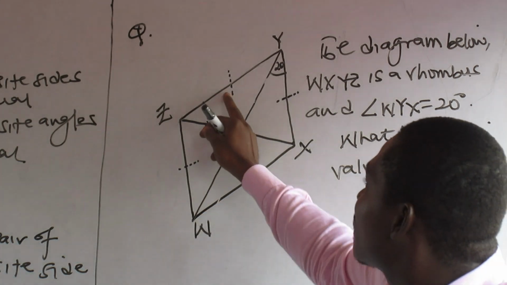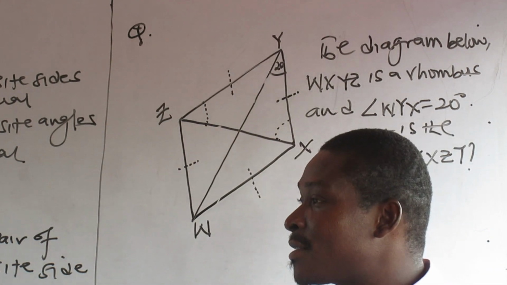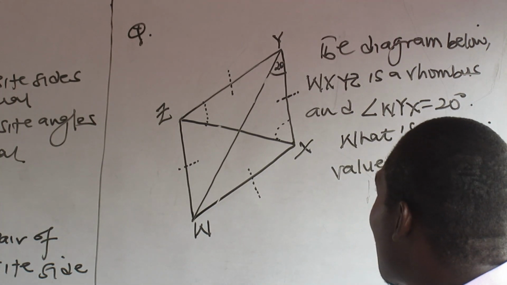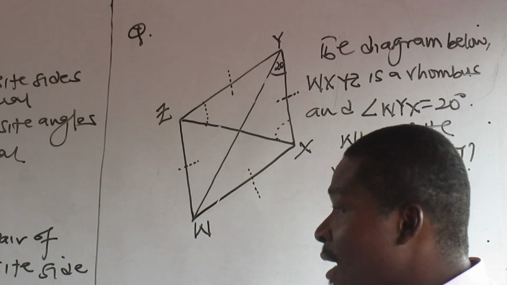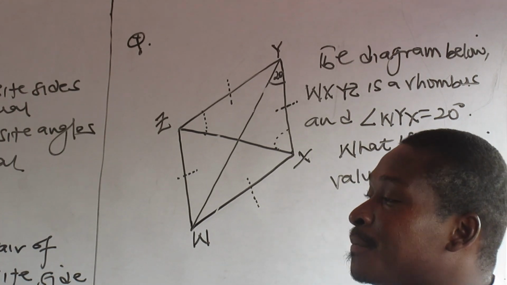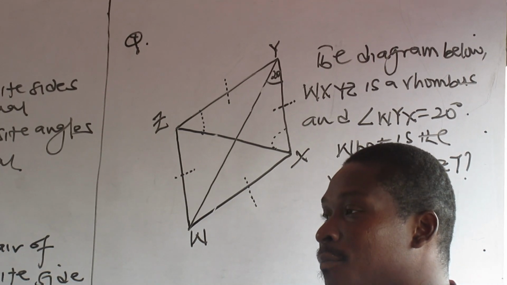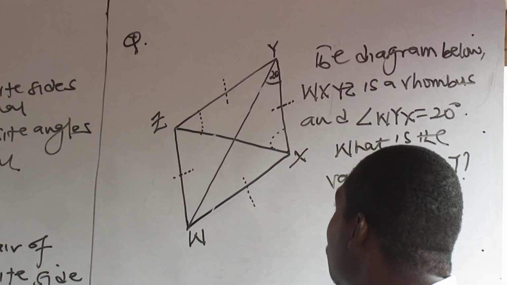Good. So for this, these are their base angles. You believe that? These are their base angles, right? So I can just label these triangles so that we can follow through.